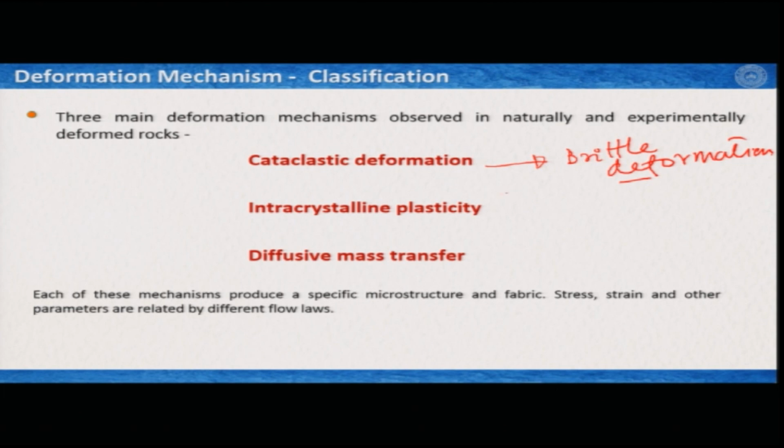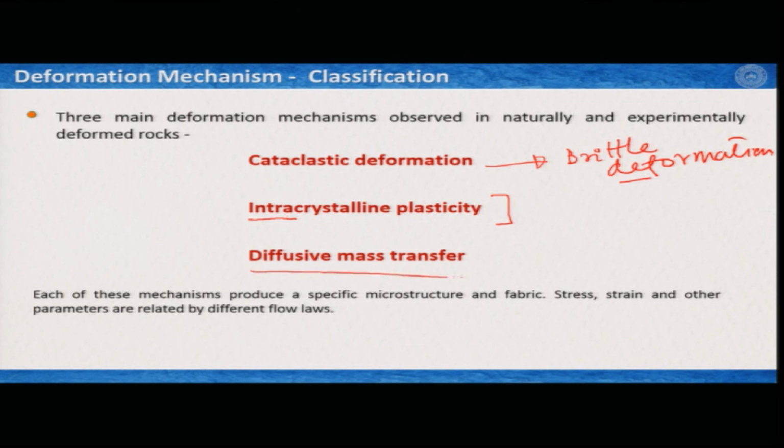Intracrystalline plasticity is where we consider the deformation of grains, and this happens at high pressure and particularly at high temperature, where all these defects that we learned in the previous lecture govern the deformation. So, it is a deformation within the crystal. Please remember this term: it is intracrystalline, not intercrystalline.